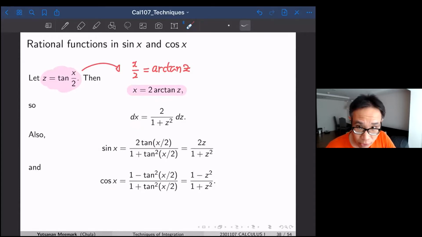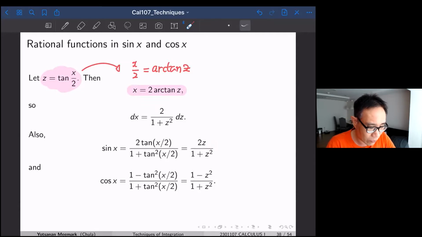These two are trick identities that you learned in high school that you may not be able to memorize. But if you don't want to memorize them, you may just read them. So sine x equals 2z over 1 plus z squared, and cos x turns out to be 1 minus z squared over 1 plus z squared.